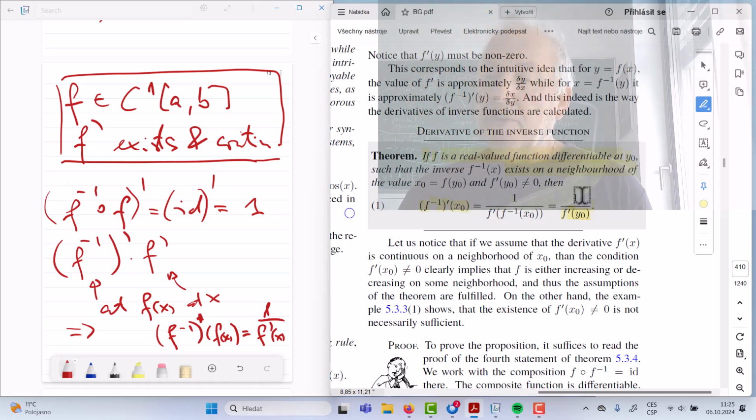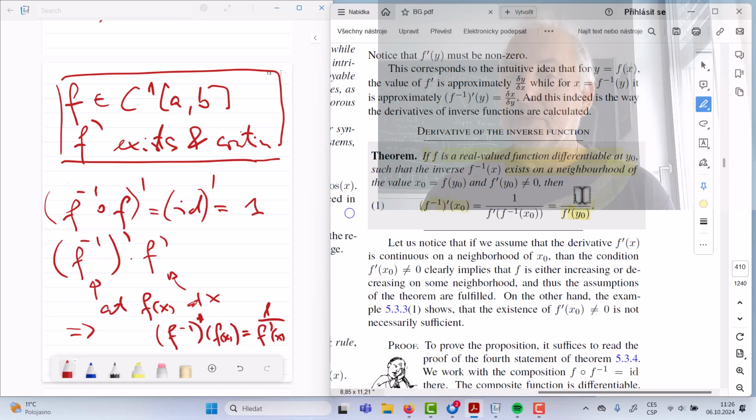But if we know that f is in C1, then if the derivative of f is 0, the inverse function perhaps won't exist. And if it's non-zero, then it must be non-zero on the neighborhood, with the same sign on the neighborhood. And the effect of the example I explained in the previous presentation can't happen.